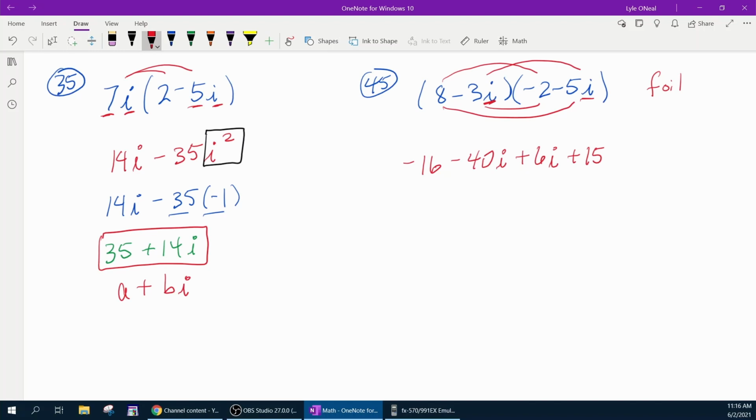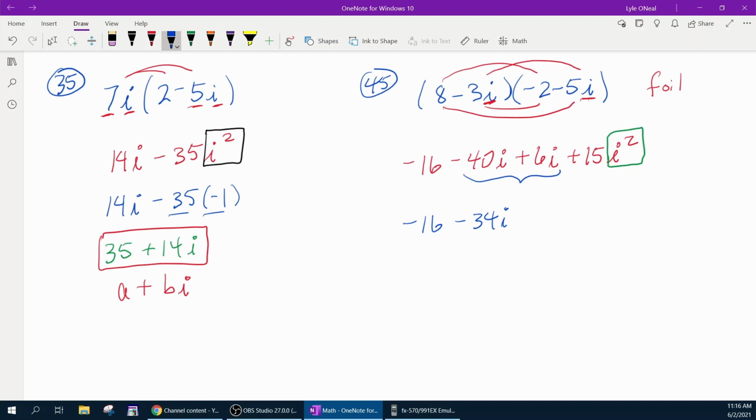Oh, and look at this. i times i gives me i squared. And remember, that is super important to notice. So the next step says we need to combine like terms. Negative 16 comes down. Negative 40 plus 6 is a negative 34i.